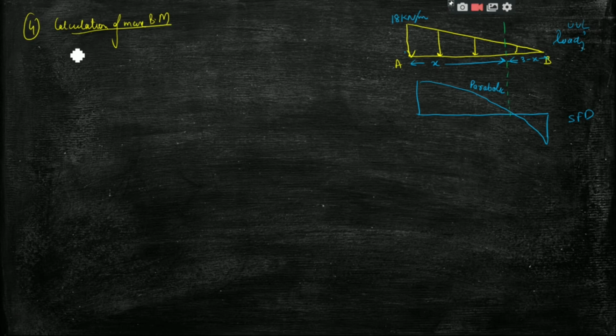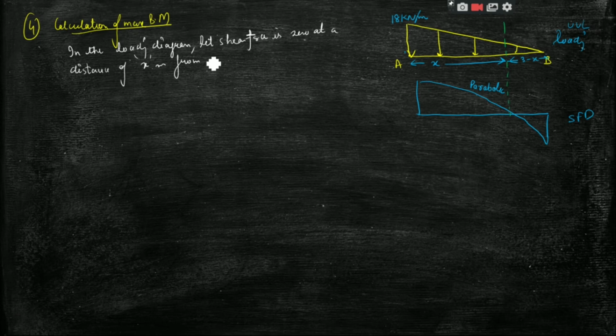So in the loading diagram, or in the beam, let shear force be 0 at a distance of x meter from point A. At B the UVL load is 0.